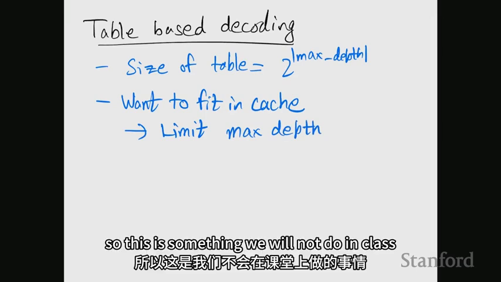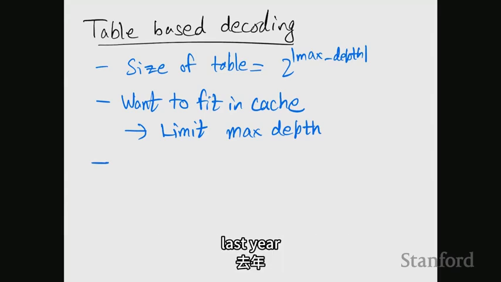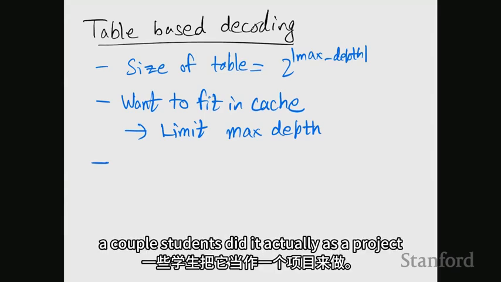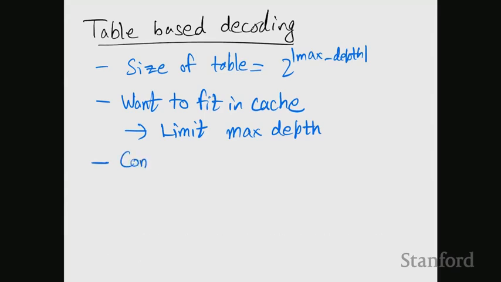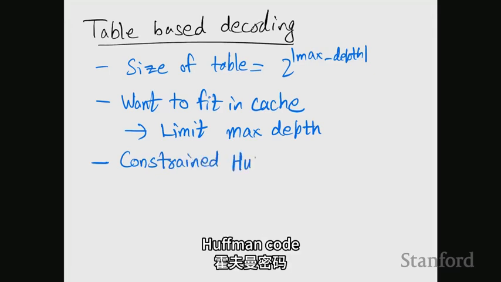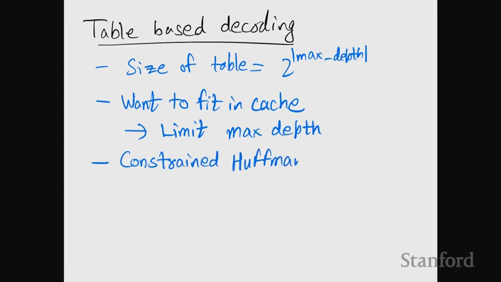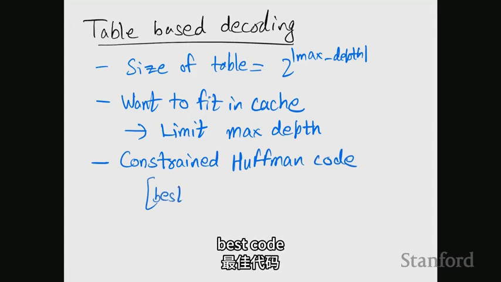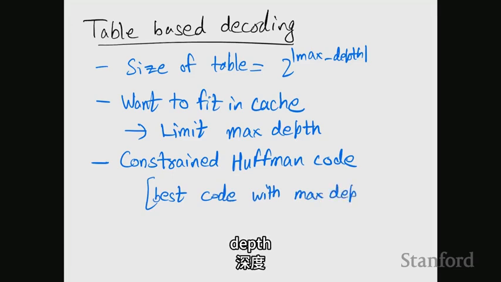So this is something we will not do in class. Last year, a couple students did it actually as a project, but there is something called a constrained Huffman code, where the idea is to find the best code with a max depth constraint.